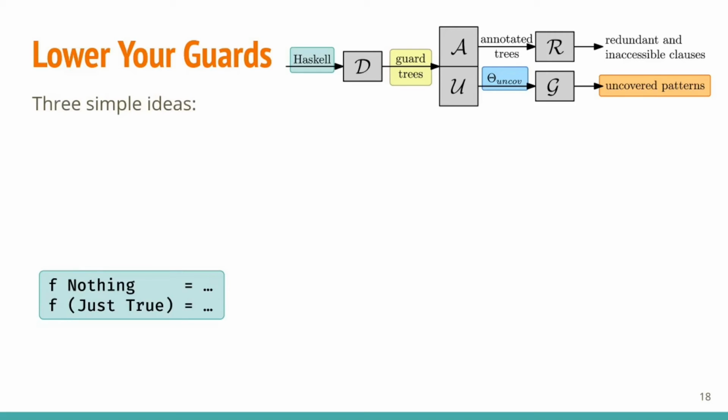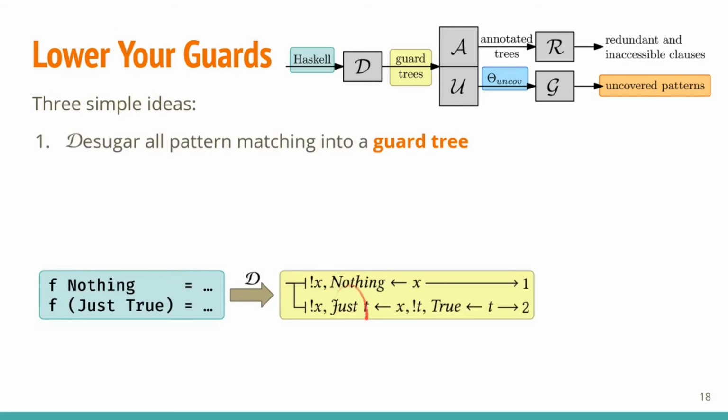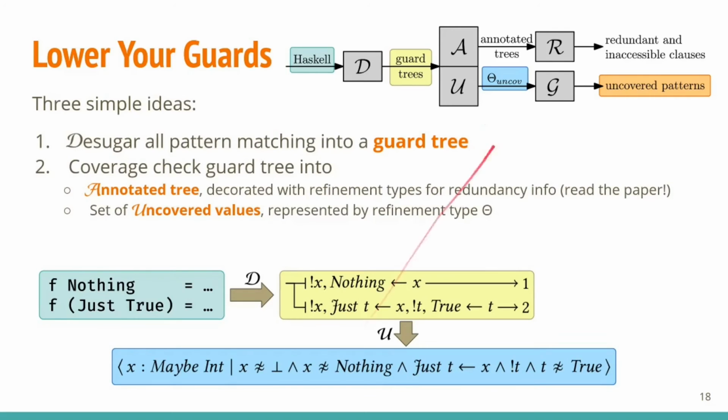As the name suggests, we abandon all structural pattern matching, like in F here, and desugar function definitions into guard trees. Then we do coverage checking on these guard trees, which is split in two simple functions A and U. A returns an annotated tree, decorated with refinement types that capture redundancy and inaccessibility information.